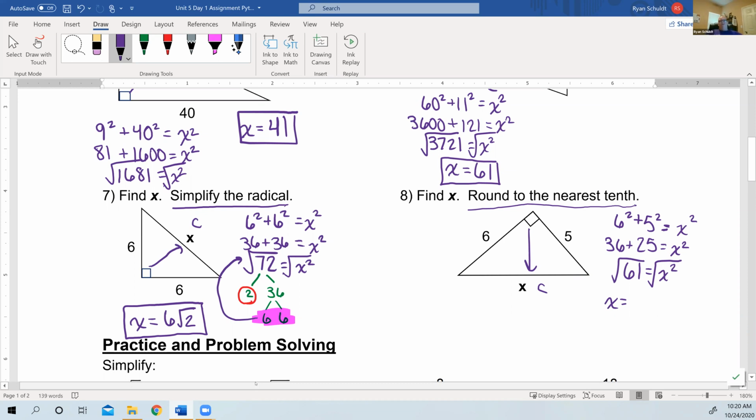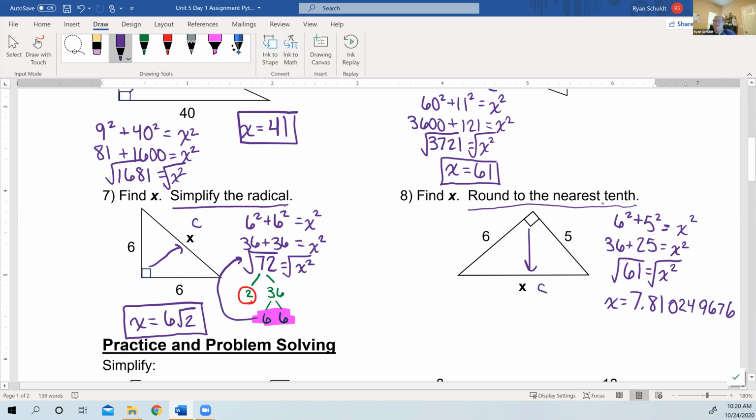let's see, what's the full decimal say when I do this on the calculator? Tells me it is 7.8102496676.